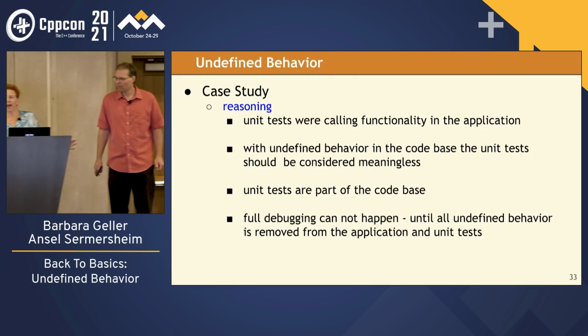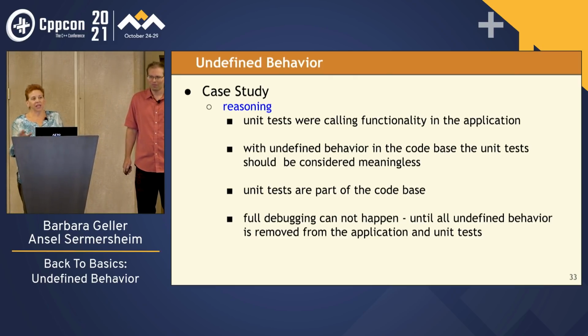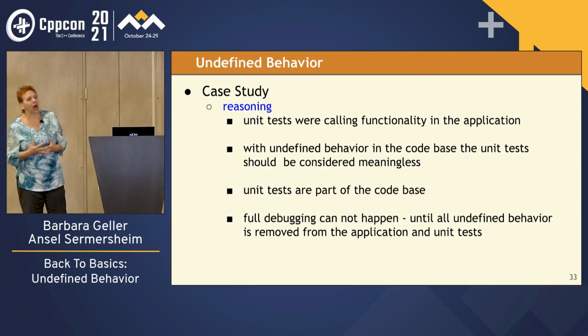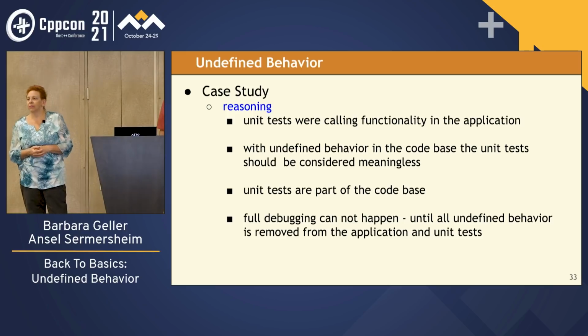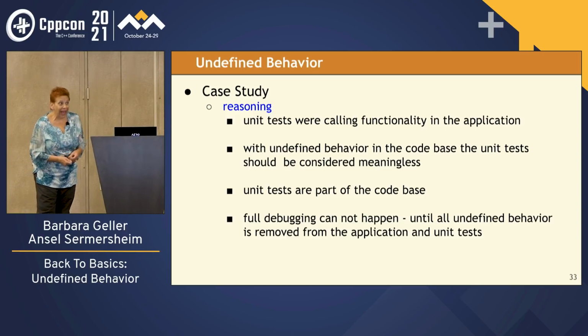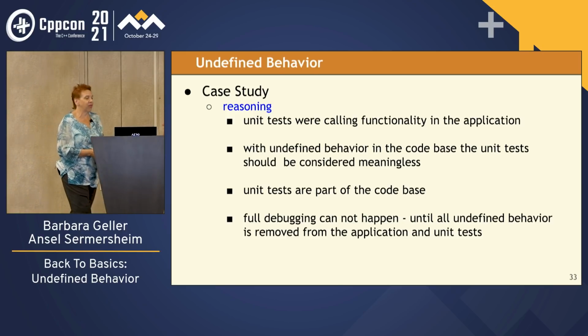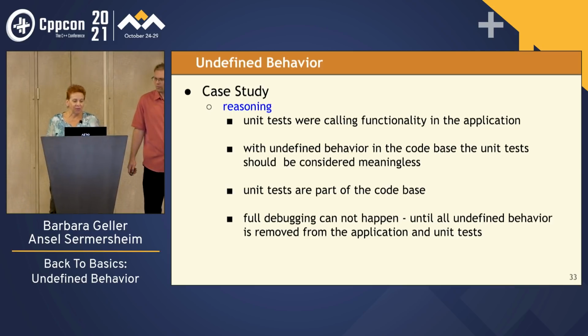Just so that you know, this was not the answer he wanted. He wanted to actually just either put the UB back in or say what's wrong. The ultimate thing that had happened is the unit tests were always wrong. It's just he didn't know. And he didn't know because of the undefined behavior that was actually in the application.